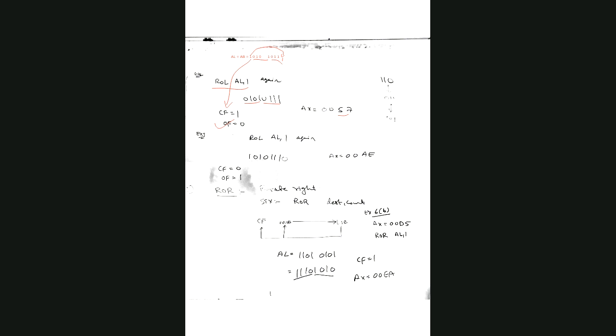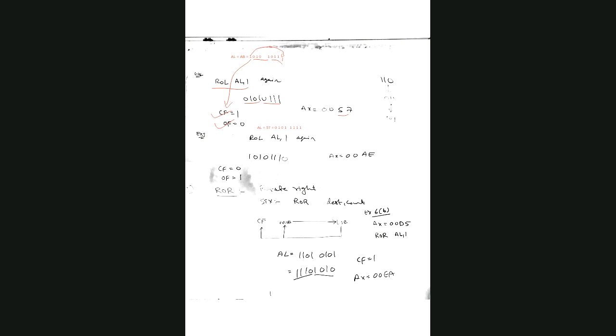Again, for this value, we do one more time. Yes, the carry flag is 1, I told you already. The most significant bit will be copied into carry. This is the procedure I have shown you in the first slide.